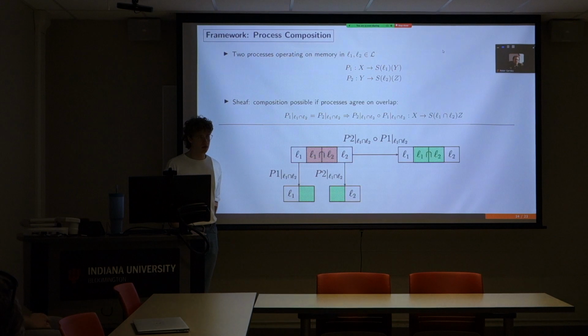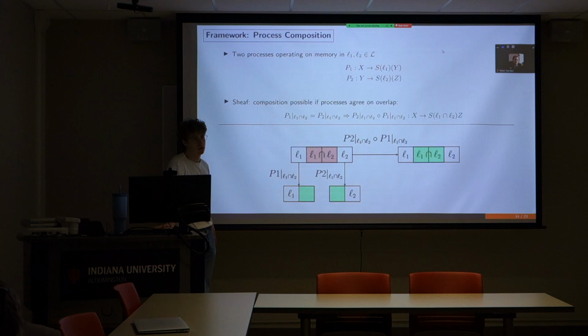So do you end up with something that uses the intersection of L1 and L2? I'm surprised. I guess it starts with what does it mean to restrict? I was expecting composition to be just composing P1 and P2, not a restriction of P1 and a restriction of P2.